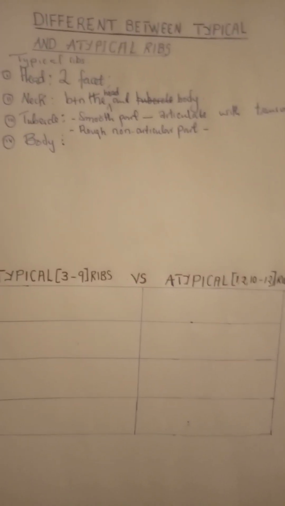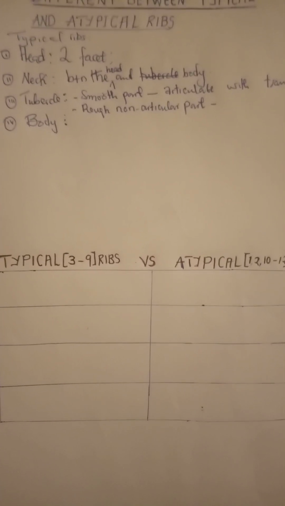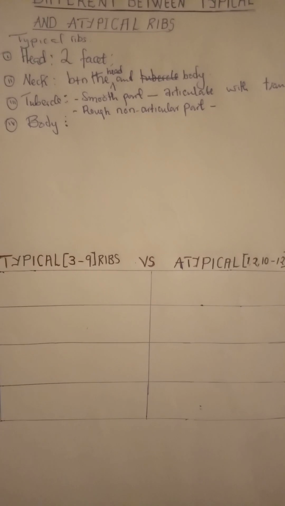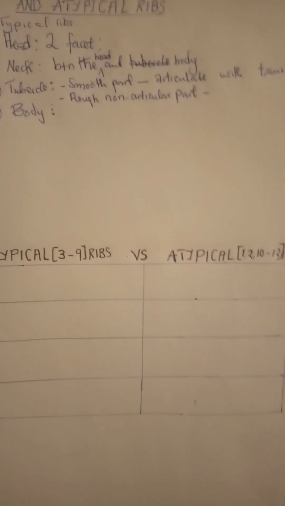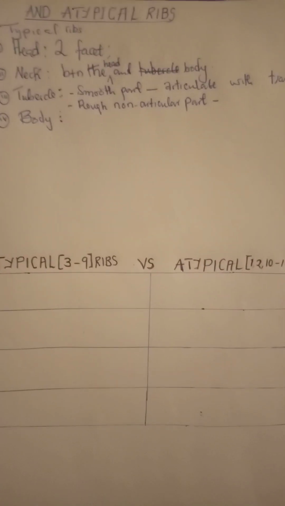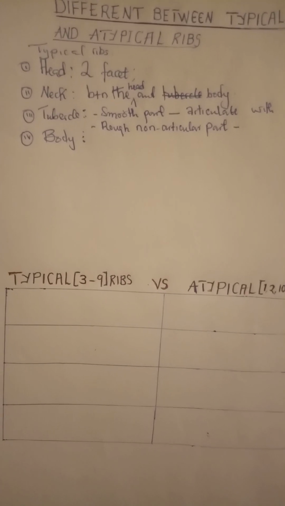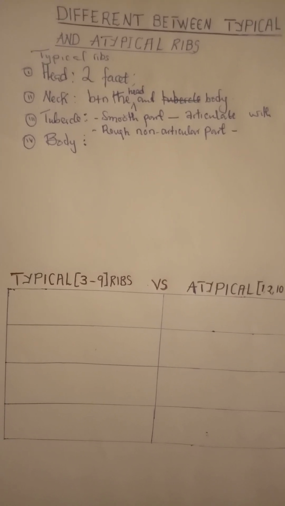Depending on the book you are using, other books could start with rib 2 to 10, but other books stick to rib 3 to 9. So I would advise you to use Clinically Oriented Anatomy by Keith Moore.